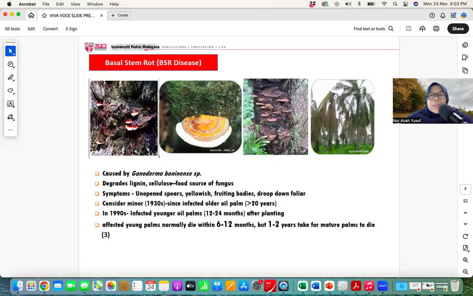This one is also a symptom, where the frond leaf droops down, the drooping foliage.